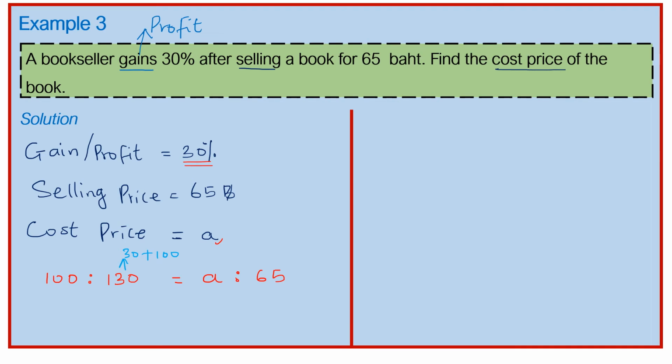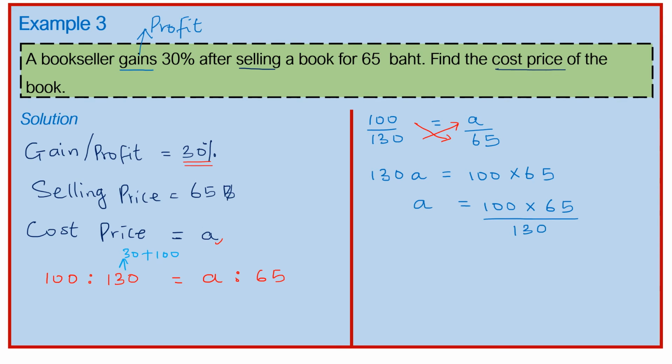Now we get 100 out of 130 is equal to A out of 65, and we make cross multiplication such that we get 130A equals 100 times 65, and A equals 100 times 65 out of 130.